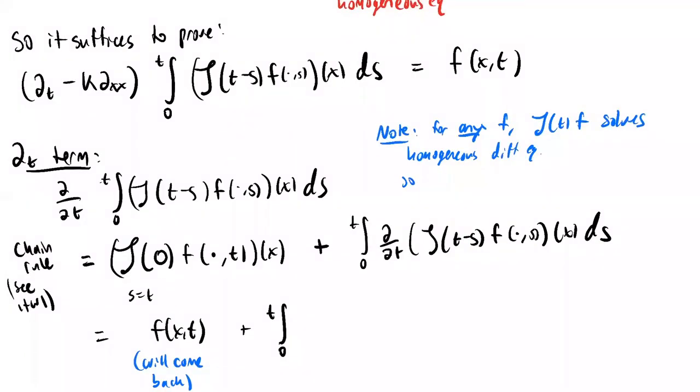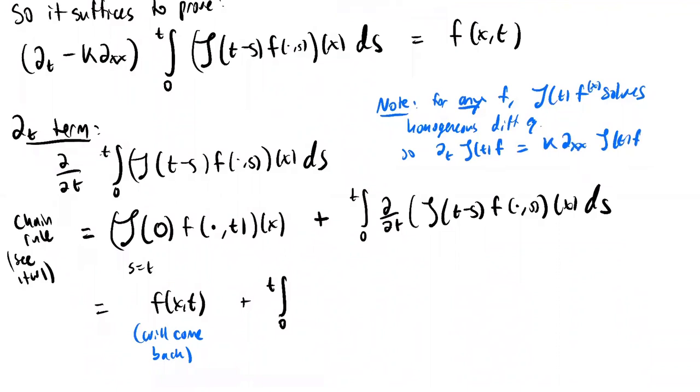So this tells you that if I take the derivative with respect to t of the solution operator applied to f, this should be equal to k times the second order derivative with respect to x of the same thing. Remember, this depends on x. And so this is just going to be equal to k, or sorry, negative... oh no, sorry, positive, that's fine.